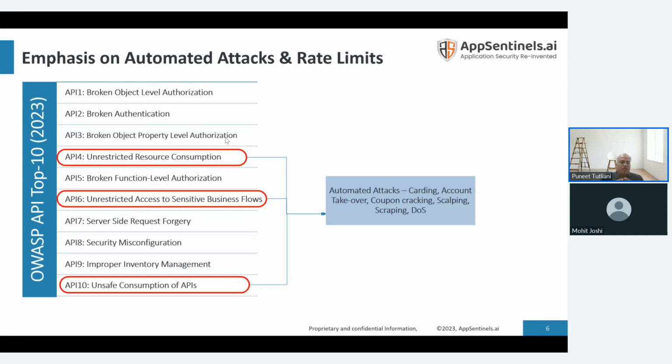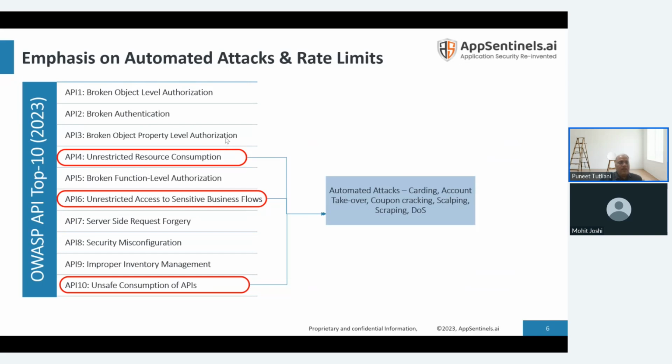We have seen this. I'll take an example of, say, retail or e-commerce businesses, where 30 to 40% of the traffic on these applications is actually bot traffic, and this is automated traffic where hackers might be doing some sort of carding or payment related attacks, might be doing account takeovers based on whatever data they may have got through. They may try coupon cracking sort of attacks.